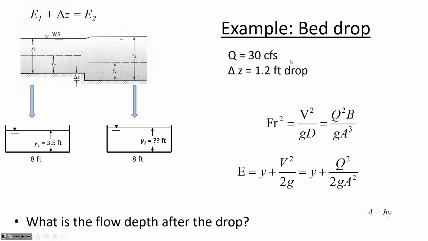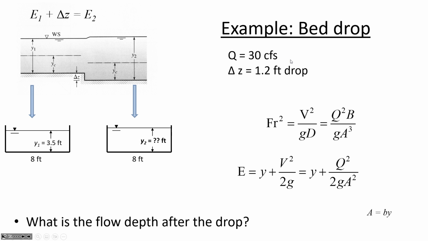So at location 1, our flow rate is 30 CFS, and we're squaring that. The width of the channel is 8 feet, divided by 9.81. Oh no, for traditional units it's not 9.81, it's 32.2 feet per second squared, and then times the area cubed.